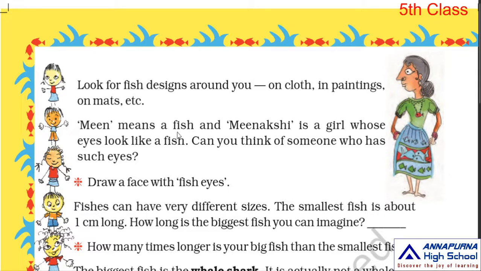So Meen is a fish name, and Meenakshi is a girl whose eyes look like a fish. Can you think of someone who has such eyes? Students, can you think of someone who has such eyes? Yes.